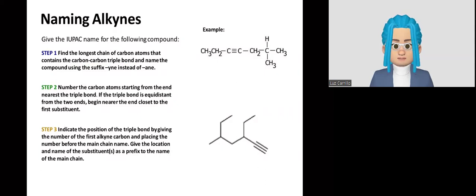Sometimes we can have alkynes that are equidistant, just like we saw for our alkenes. And understand that we're going to indicate the position of the triple bond by giving the number of the first carbon in the alkyne, and we're going to place that before the parent chain. And then if we have substituents, let's remember that we have to place them as a prefix of the parent chain. Let's do the following examples.